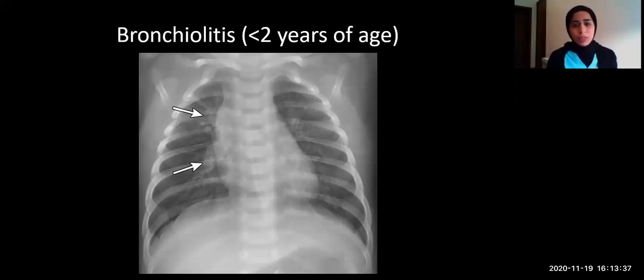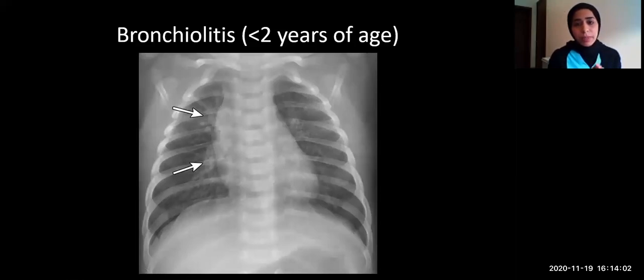It is infectious etiology. So again, you will note that it is hyperinflated lungs. If you count, these are more than 6: 1, 2, 3, 4, 5, 6, and 7 ribs anteriorly, with slightly downward slope or flattening of the diaphragm.